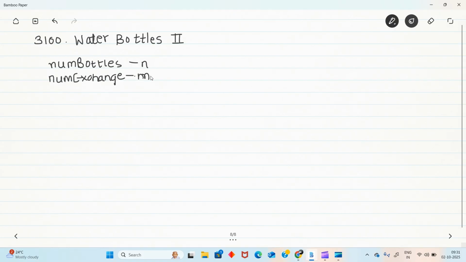Now, what you can do is drink all these n bottles, and we have to return the maximum number of bottles you can drink.